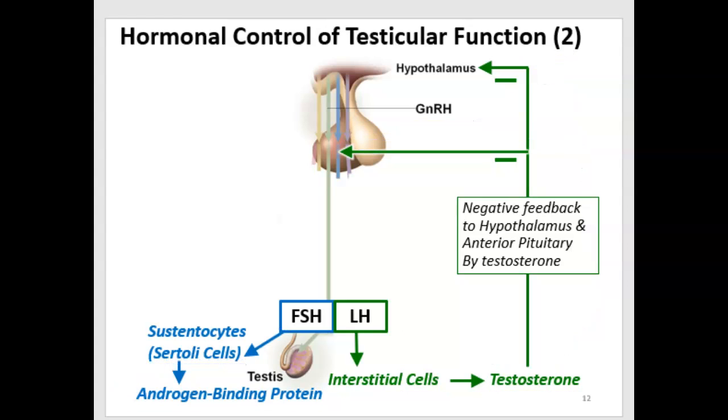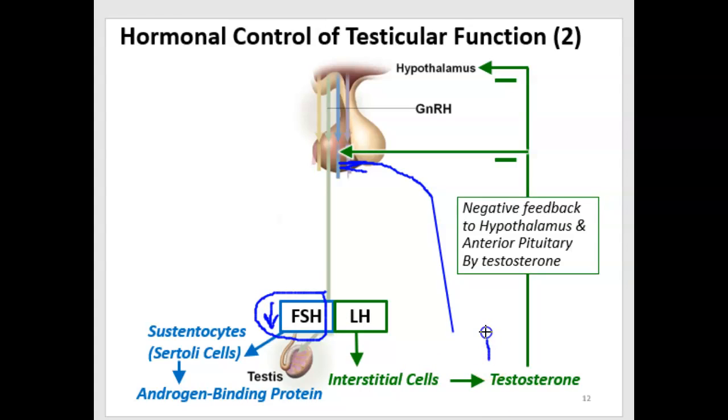There is another hormone involved called inhibin. And inhibin, which is also made by the testicle, actually only affects FSH. So inhibin is going to act only on the pituitary to decrease FSH.